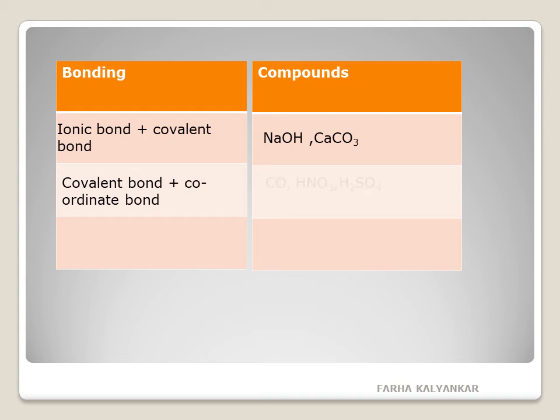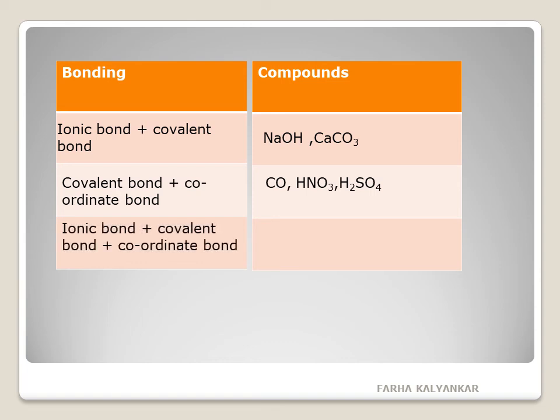The examples are carbon monoxide, nitric acid, and sulfuric acid. Lastly, there might be compounds which have ionic bond, covalent bond, and coordinate bond involved in the formation of that compound. For example, ammonium chloride and potassium ferricyanide.